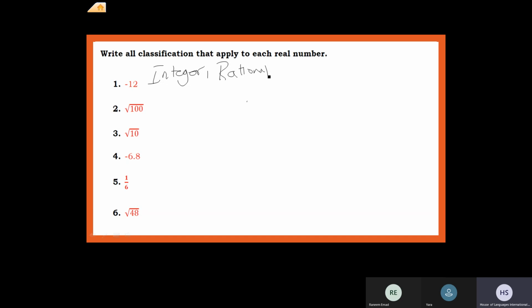Now the second one. Square root of 100 is what? Square root of 100 is 10. Now, is it natural? Yes. Is it whole? Is it integer?